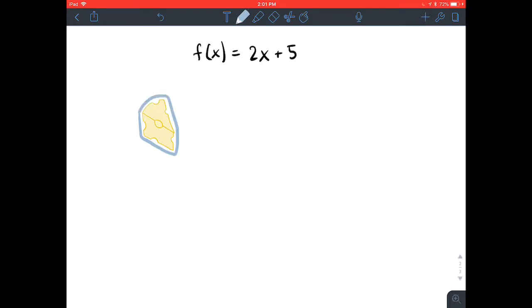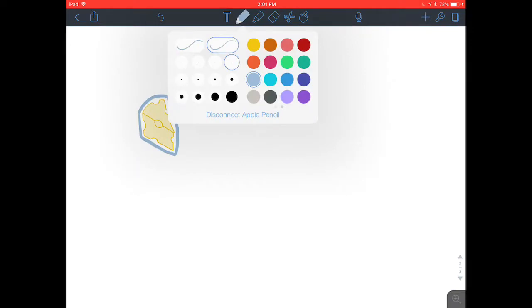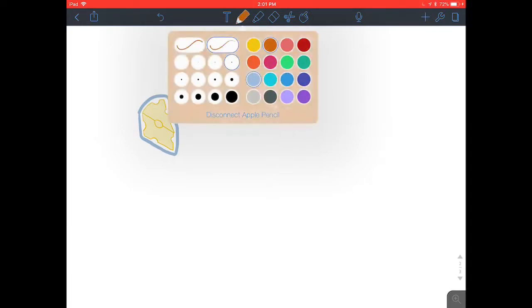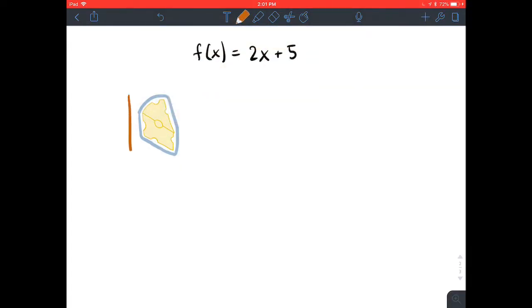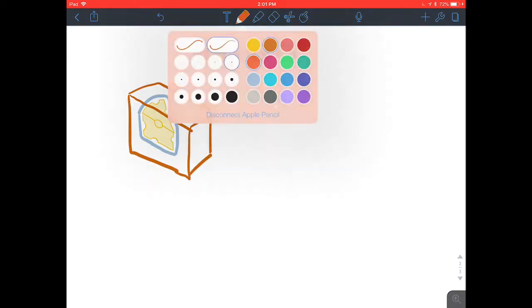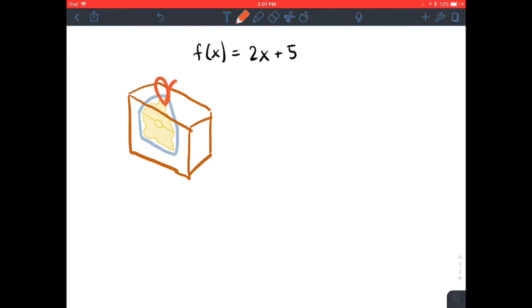Okay, so you've wrapped your cheese in some wax paper. Now, you're not just going to hand that wax paper to someone, so you're going to first put it in a nice wooden box. And then once it's inside your wooden box, you might put a bow on the box.